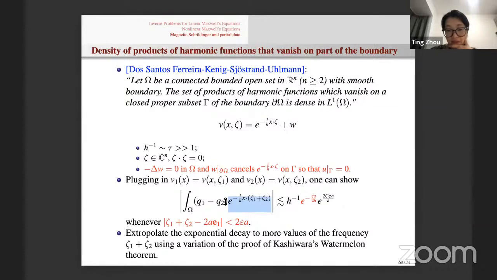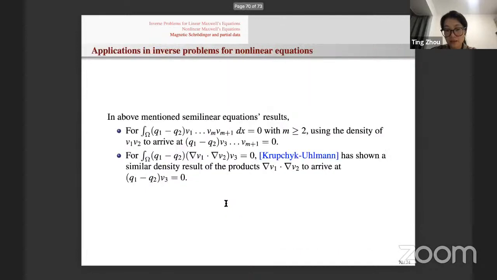Sometimes if you have different nonlinear terms, in front you will have some dot product with different directions, and you cannot extract all information of Q1 minus Q2. I don't know if I explained clearly.